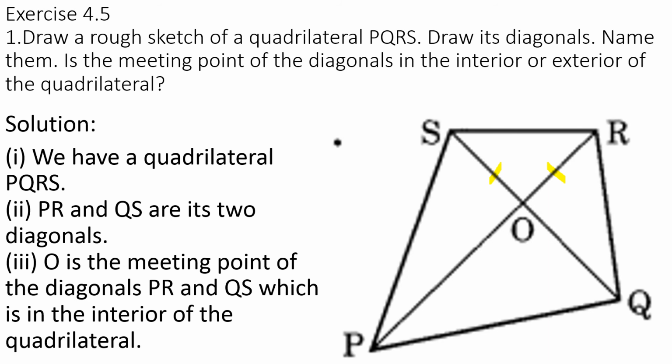The two diagonals meet at a point O. Is point O interior or exterior? Very good, it is in the interior of the quadrilateral.